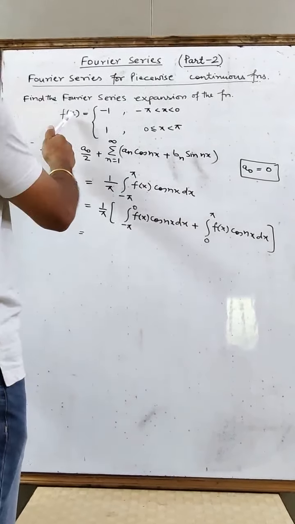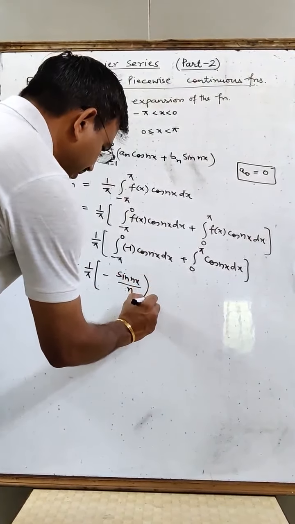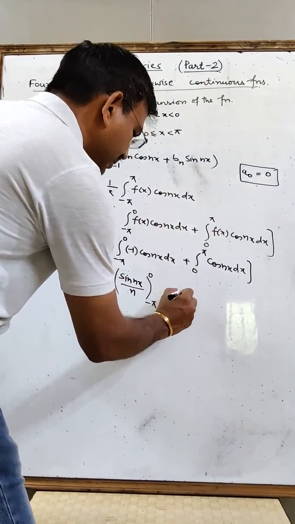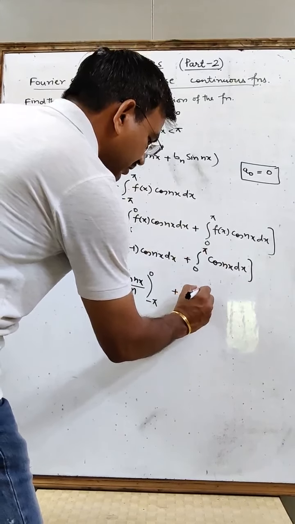Now we would integrate. The integration of cos nx is sine of nx over n, with the limits minus pi to 0, and in the second case it is again the integration of cos nx, which is sine of nx over n, with the limits 0 to pi.